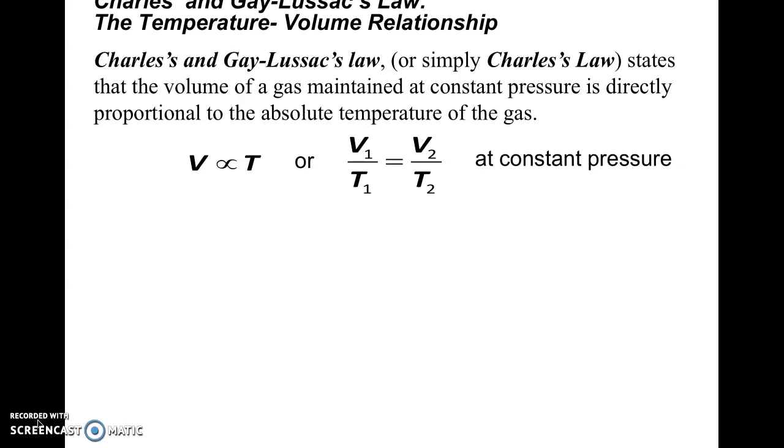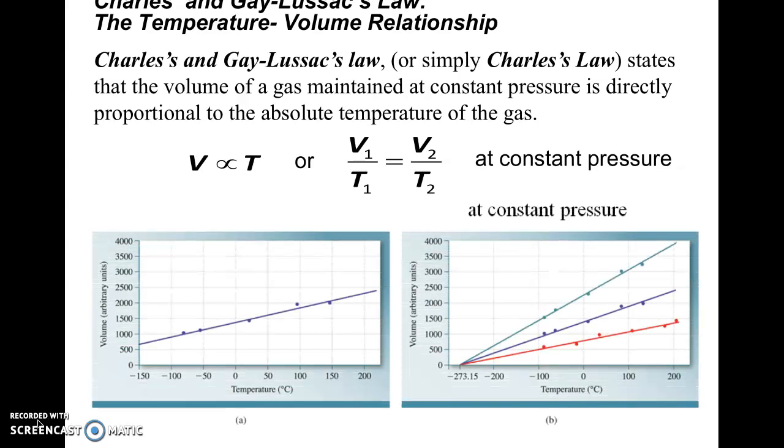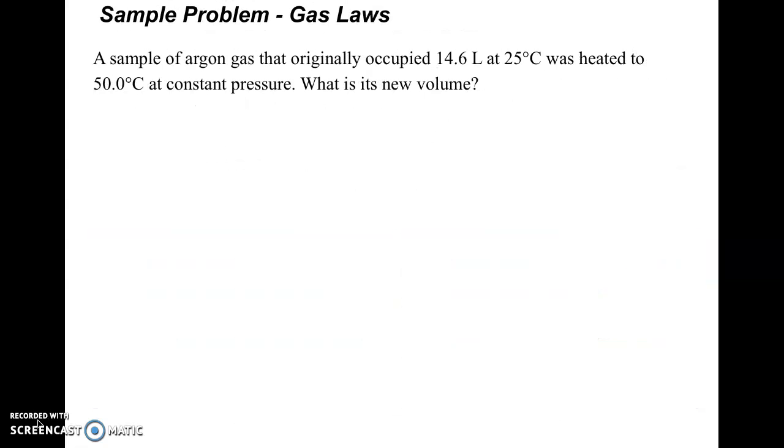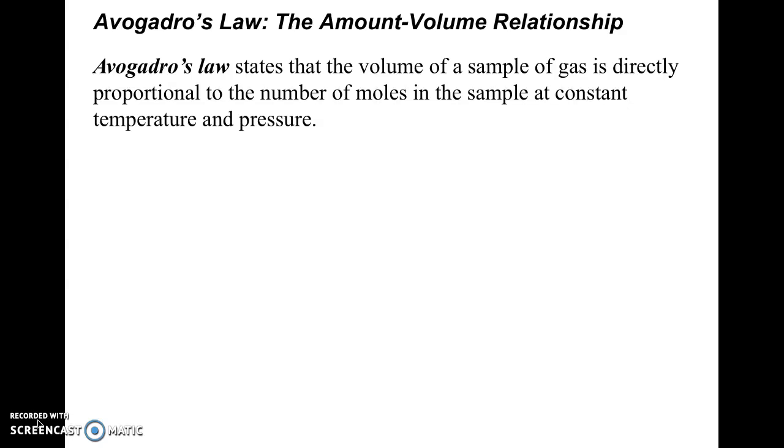In this case, because they're directly proportional, if the volume goes up, the temperature has to go up, or vice versa. And so here's a situation where you could actually plot that relationship, and you'll get a straight line with a positive slope. And we've got a couple of gas law problems there.